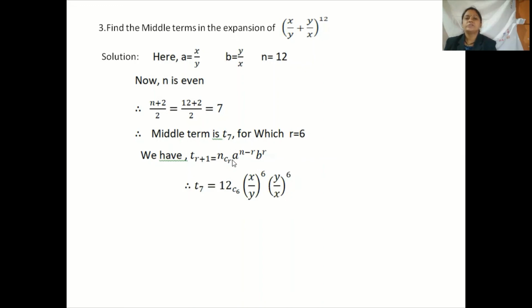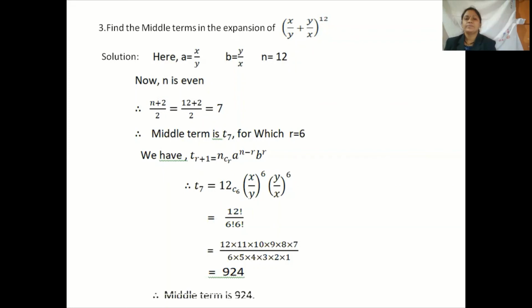T7 is equal to, substituting the value of n, 12C, the value of r is 6, then the value of a, x upon y raised to n minus r, 12 minus 6, the value of b is y upon x raised to 6, is equal to 12 factorial upon 6 factorial into 6 factorial. (x upon y) raised to 6 and (y upon x) raised to 6 will cancel. So it is equal to 12 into 11 into 10 into 9 into 8 into 7 upon 6 into 5 into 4 into 3 into 2 into 1. One 6 factorial in the denominator cancels with 6 factorial of the numerator's 12 factorial, and the multiplication of the remaining terms is equal to 924. Therefore, the middle term is 924.